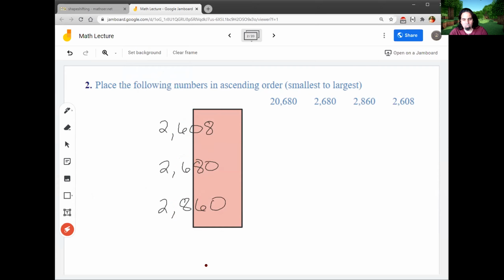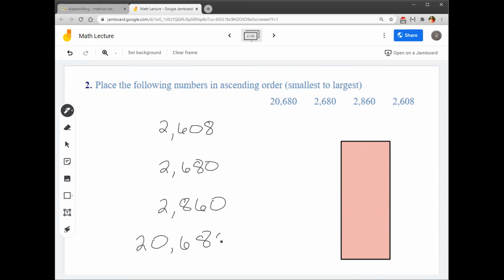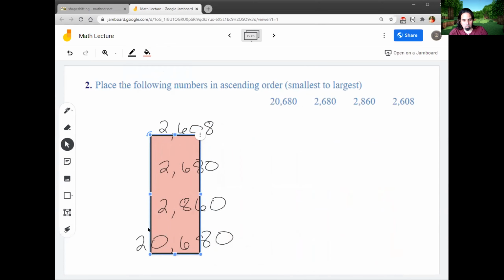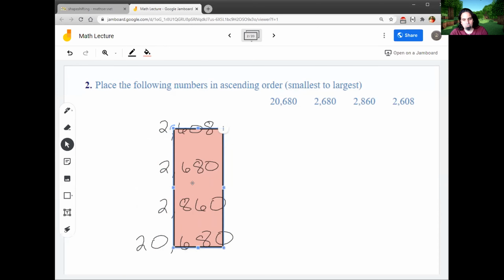The rest in the red box, those details, that doesn't matter. I'll keep my box for later. Okay, and the last one was 20,680. And for this one, I'll cover up things until I get to one that's bigger than its equivalents. Anything with 20,000 will be bigger than the things that are only 2,000. Right?